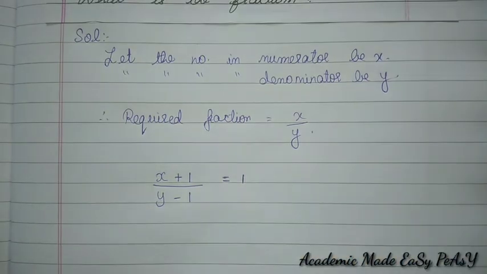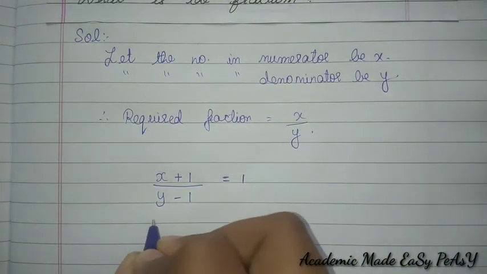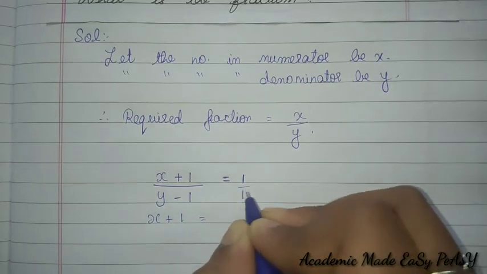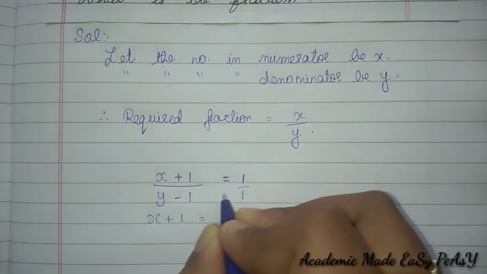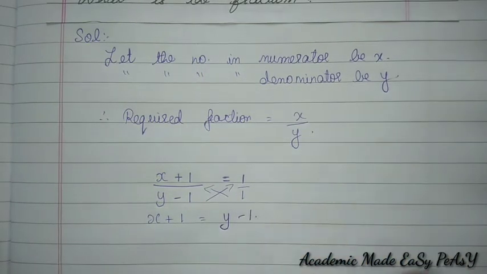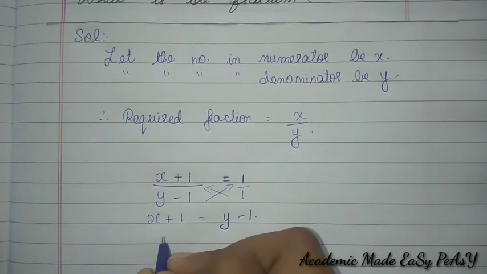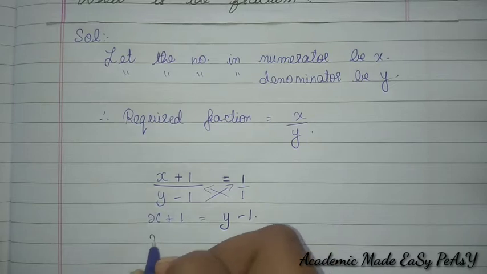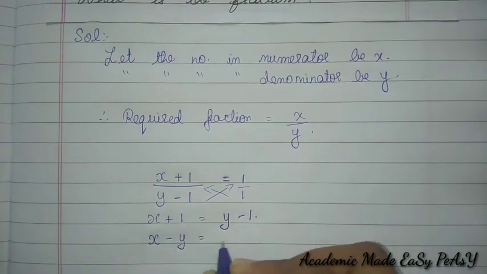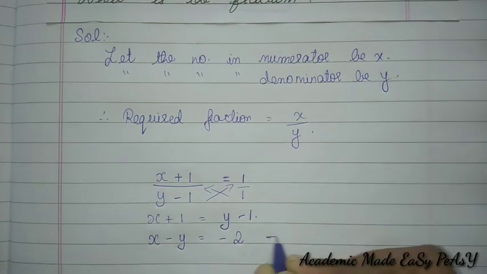Now let us simplify this equation. x plus 1 over y minus 1 equals 1 by 1, so I am cross multiplying. Let me have variables on one side and numbers on the other side. So x minus y is equal to minus 1 minus 1, which is minus 2. Let this be equation 1.